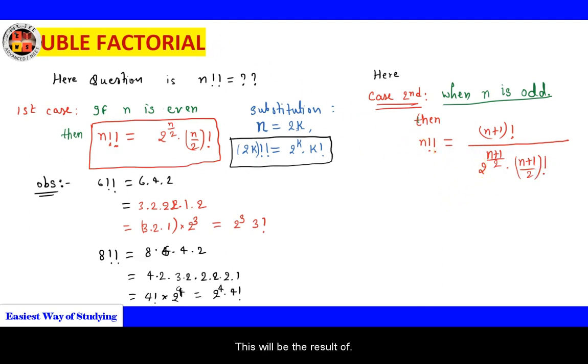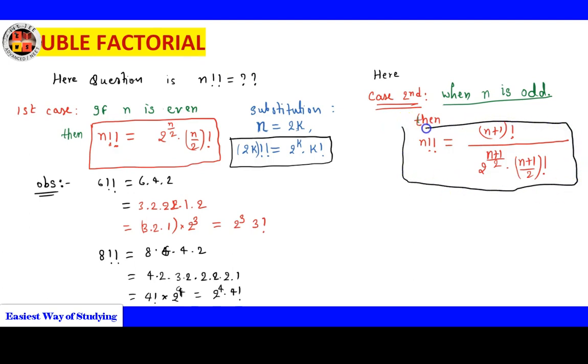This will be the result of n double factorial when n is any odd number, in terms of single factorial.